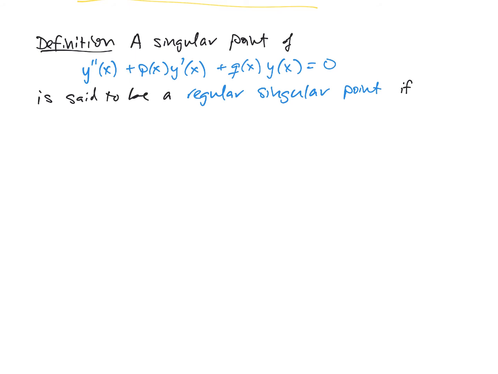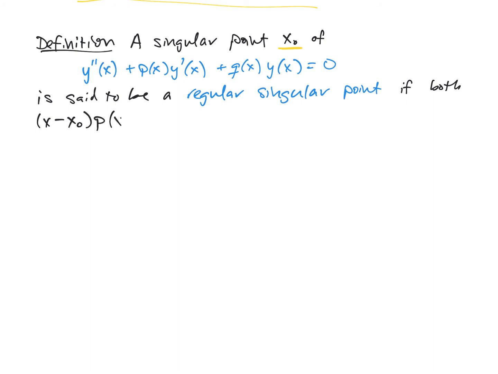So what that means rigorously is if both... Oops, I forgot something. I forgot to write x naught. So we're talking about our singular point x naught, which before we were assuming was 0, and now we're taking an arbitrary point. So instead of x and x squared, we have x minus x naught. That's like the center.